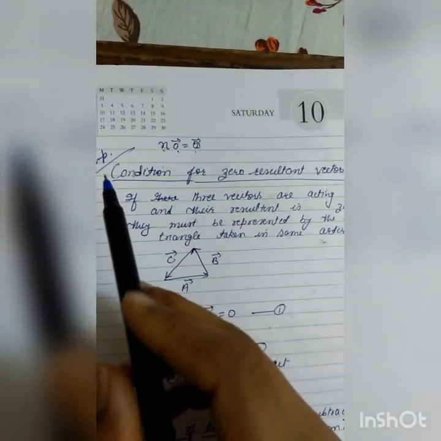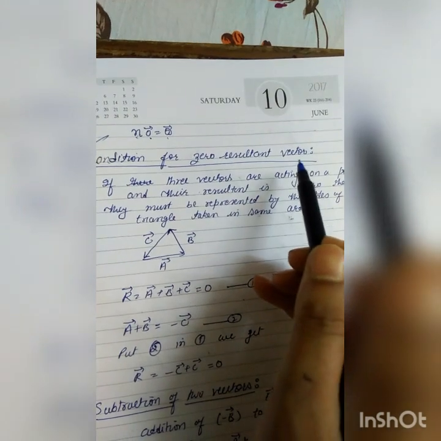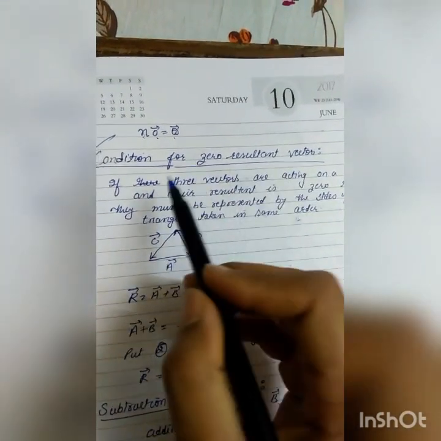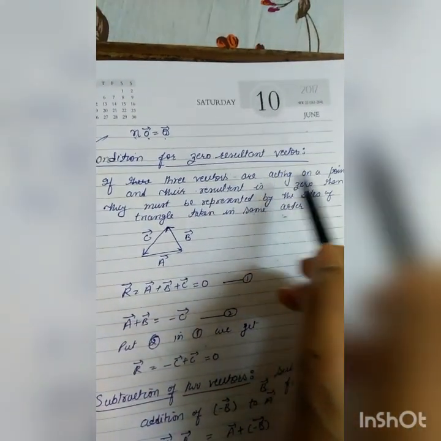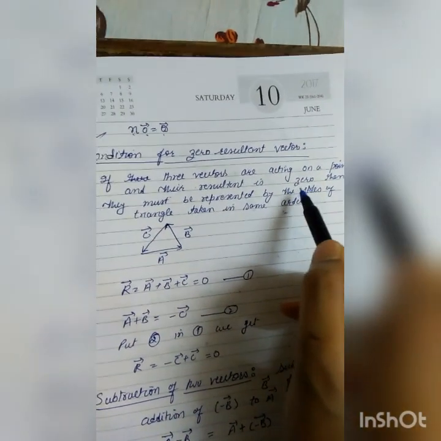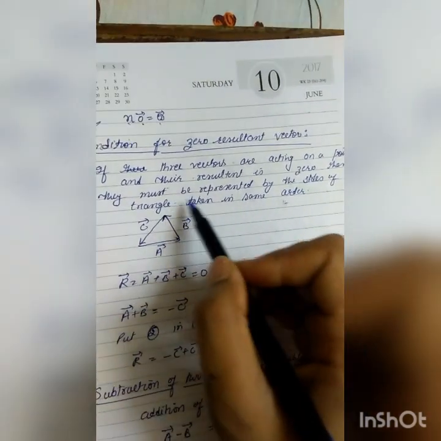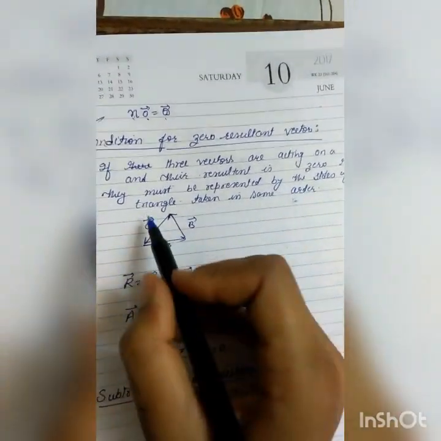Next is very important, which is the condition for the zero resultant vector. If three vectors are acting on a point and their resultant is 0, then they must be represented by the sides of a triangle taken in the same order.